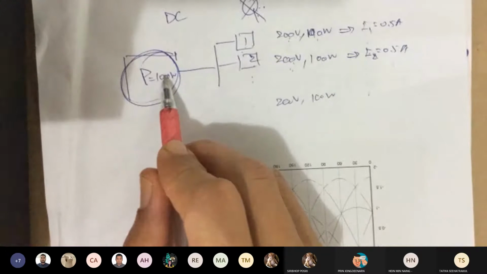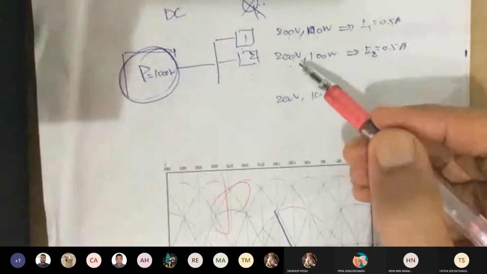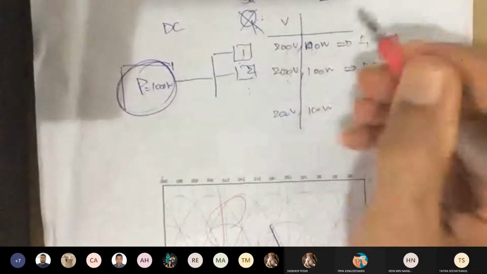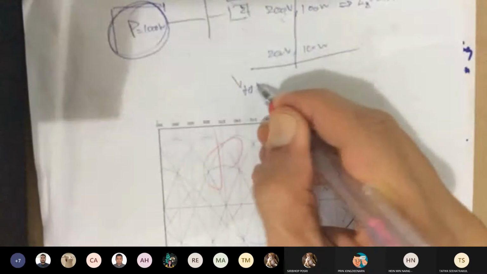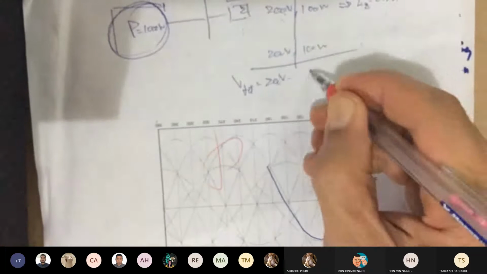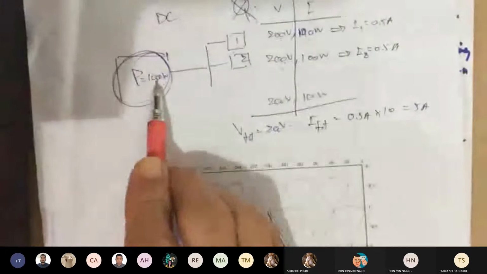Notice that your voltage in the first column on your left is fixed, V total would still be 200 volt. But now your I total is 0.5 amps times 10, right? 5 amp, at 1,000 watt.